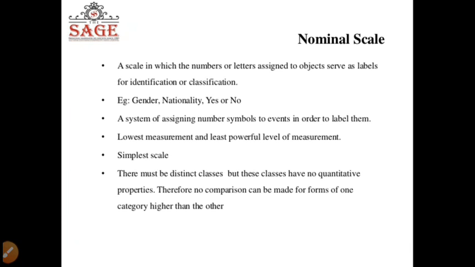A system of assigning number symbols to events in order to label them. Lower measurement and least powerful level of measurement. Naturally, this is a lower type of measurement. But in research we cannot say that we do not require a lower type of measurement.